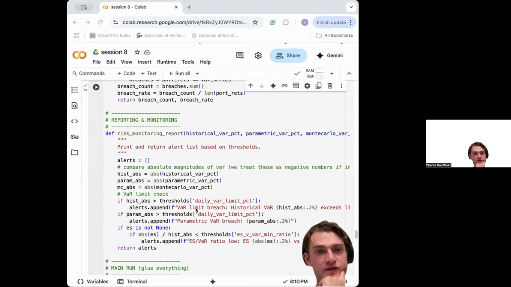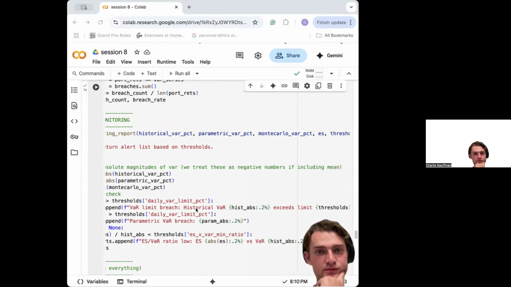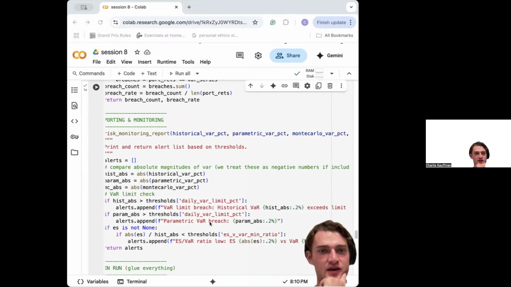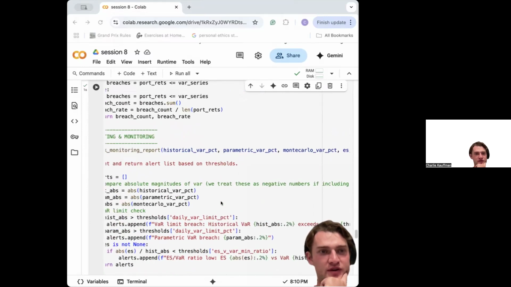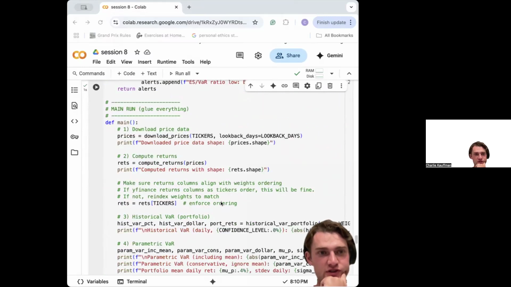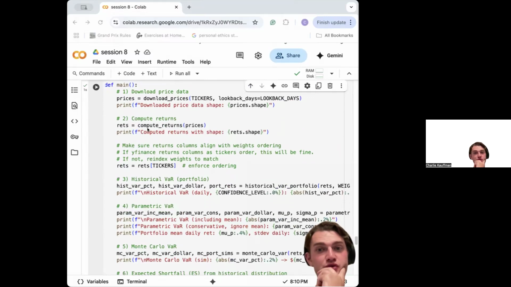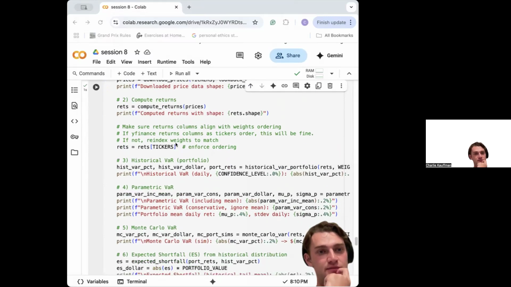This is just our verification method, and if it exceeds the threshold limit here. And then here is our main function. First we download the prices, which is just getting the data, and then we compute the returns, which converts to daily percentage changes.